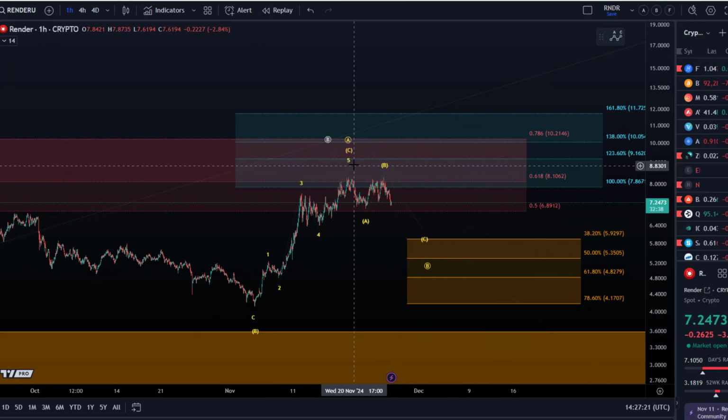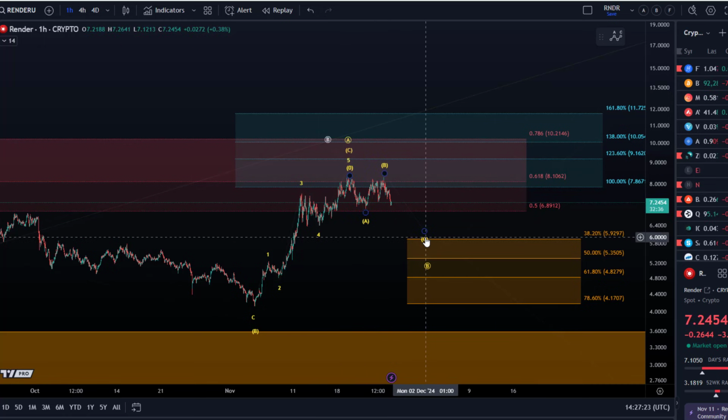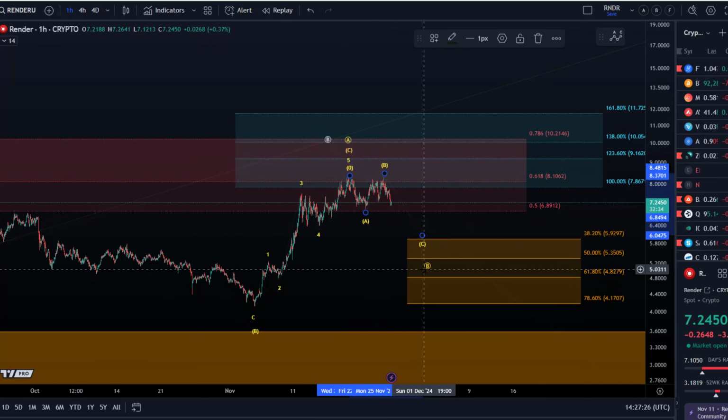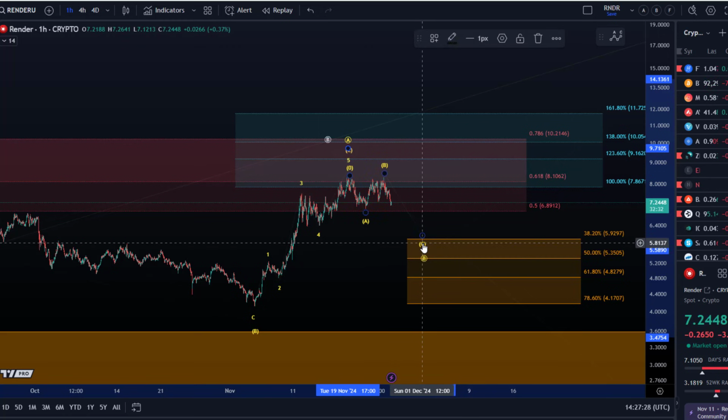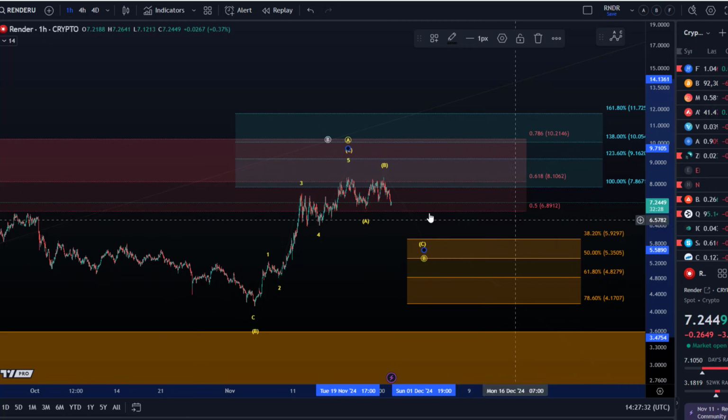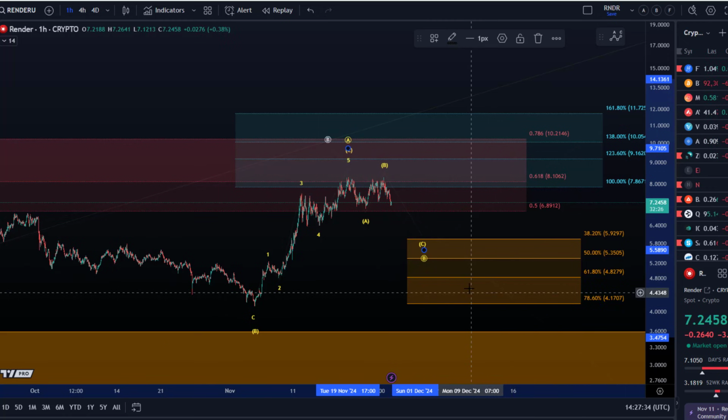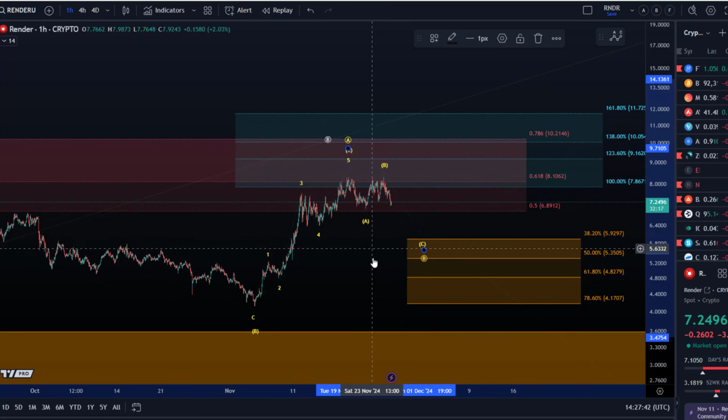But that's from a short-term bearish point of view. As I said, we take a look at both. I would be watching for a C-wave decline now. And that means if it happens, there could be an opportunity in this support area. It's between 417 and 592, and the C-wave should take us there.